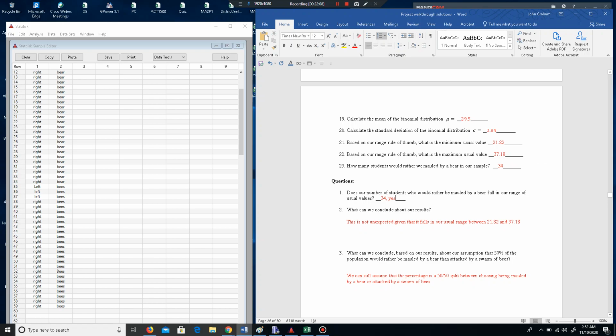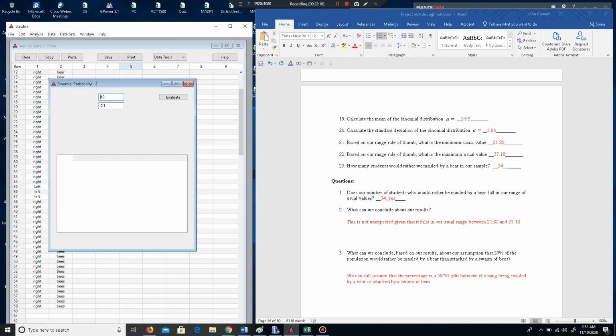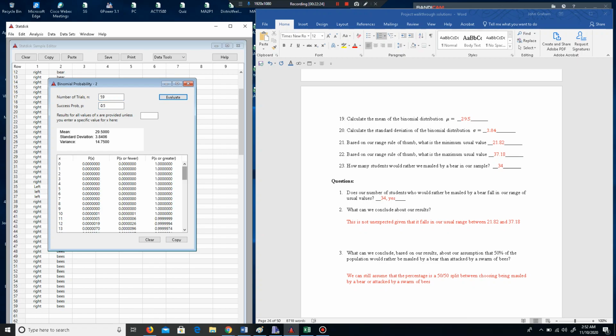Alright, so one thing we also can do is we come back to this. Let's go back to the binomial distribution. Put in the 0.5 again. Put in the 59. We can look at 34, so I'm going to put in 34 for x. I didn't do this with the last one because we get right around our expected.